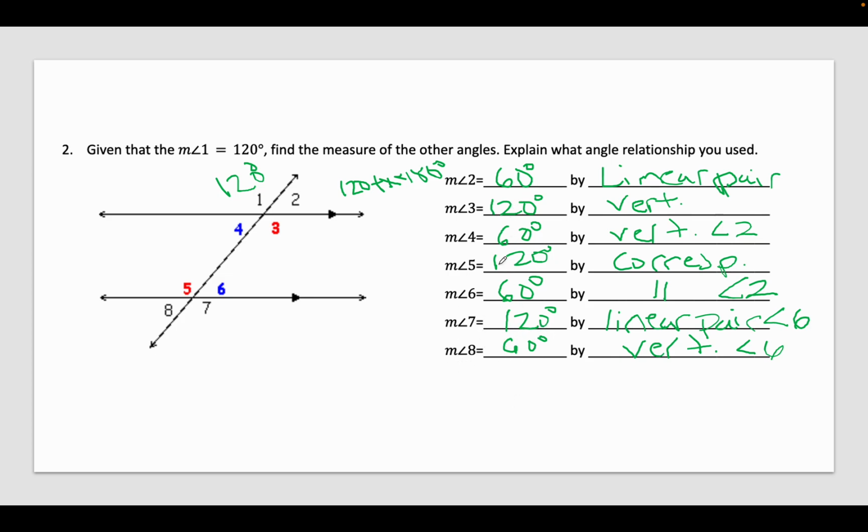So like I said, once you find that one here, number 2, by doing 180 minus the angle that's given, you know that they're all going to be either 60 or 120 or whatever those two numbers that you found. The one that's given to you and then the one that you subtracted from 180.